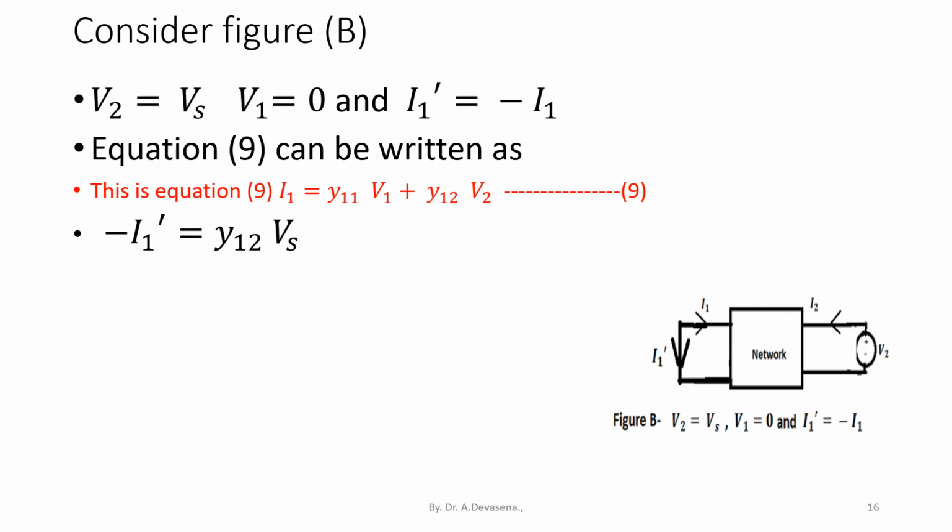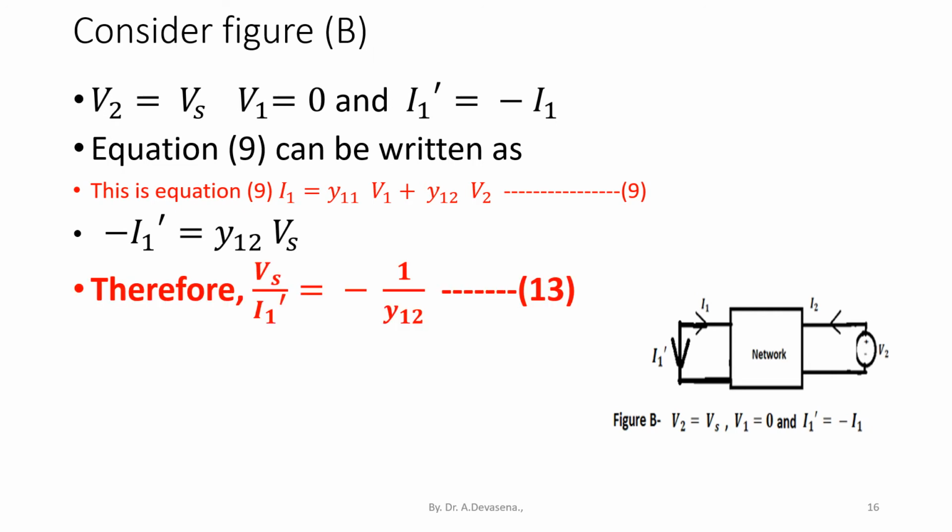So equation 9 can be written as minus I1 dash is equal to y12 vs. Therefore, vs divided by I1 dash is equal to minus 1 divided by y12. Consider this as equation 13.